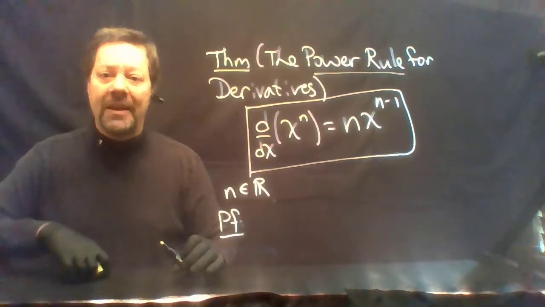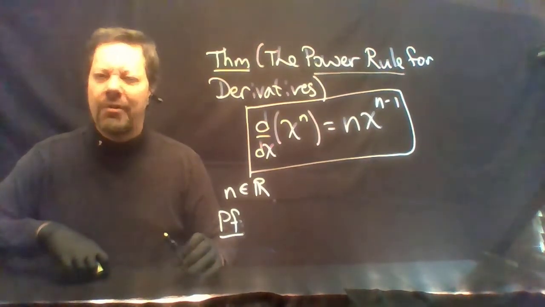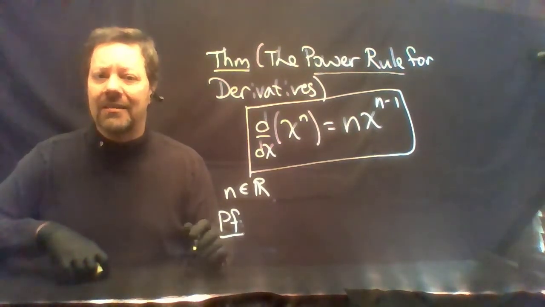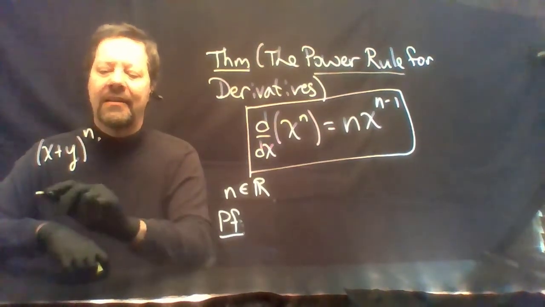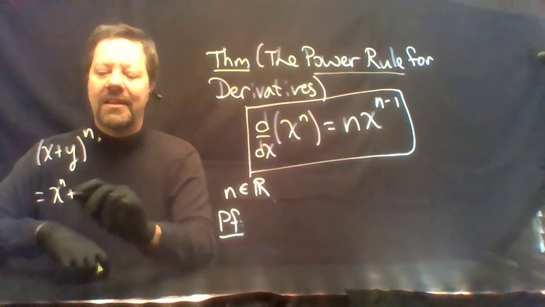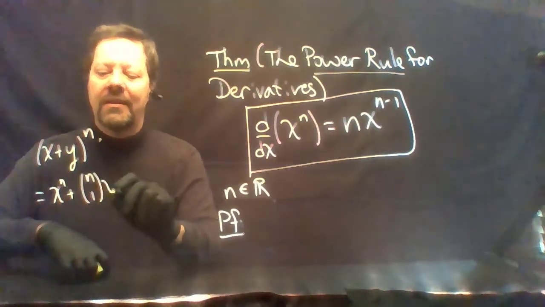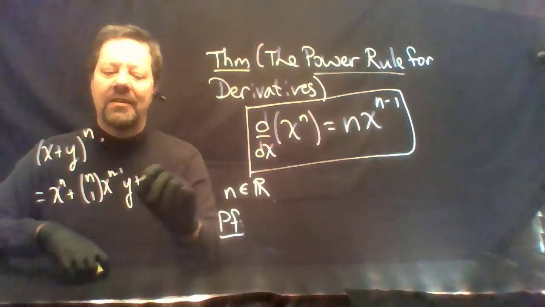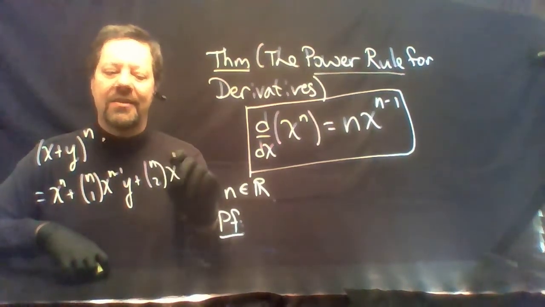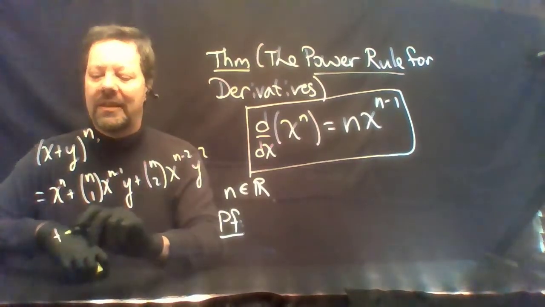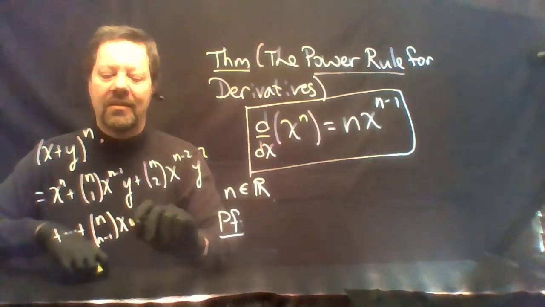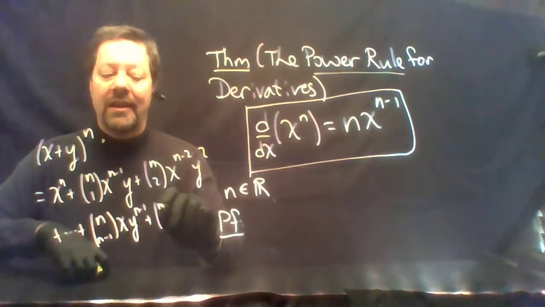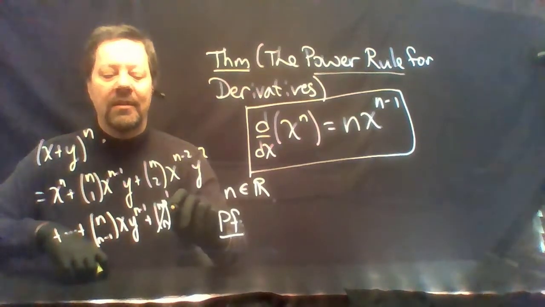the binomial theorem. Do you remember the binomial theorem? The binomial theorem was the basis for Pascal's triangle. It says (x plus y) to the power n is equal to x to the n plus n choose 1, x to the n minus 1 y, plus n choose 2, x to the n minus 2 y squared, plus dot dot dot, plus n choose n minus 1, x y to the n minus 1, plus n choose n, which is 1, y to the n.